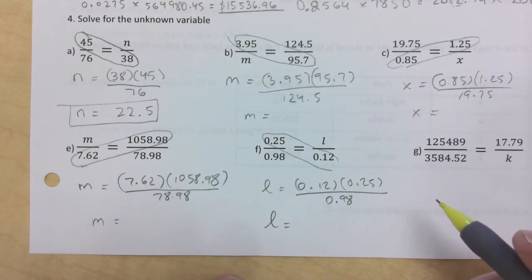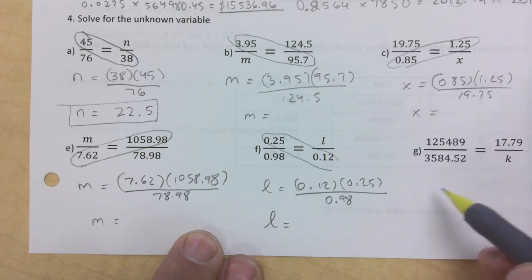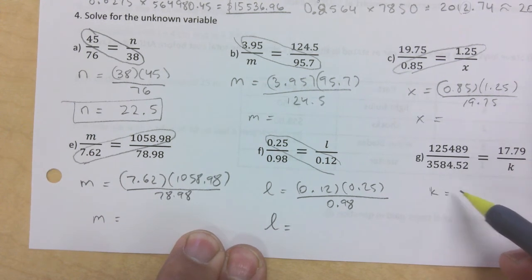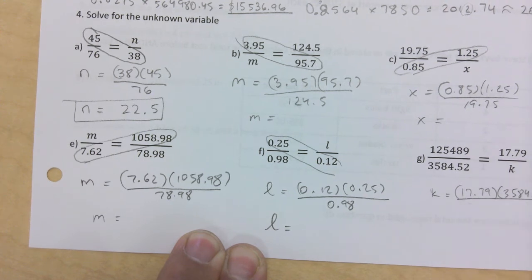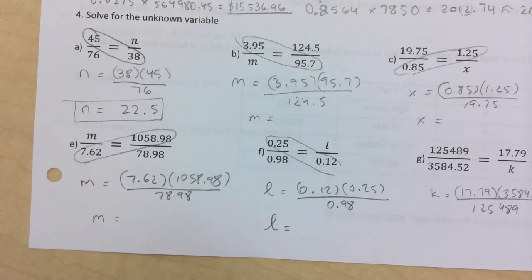L is that. K. So without doing the circle thing anymore, because that's really just for you to see. You don't need to do that, although it's okay if you do. Okay, so you write it all down like that.